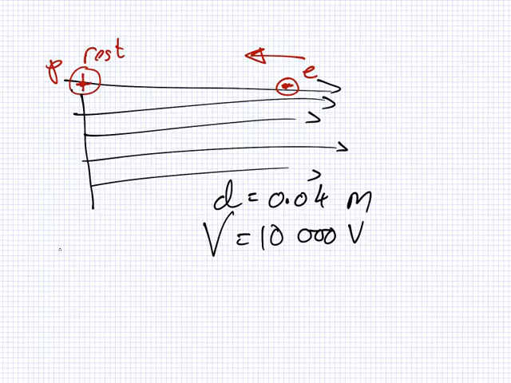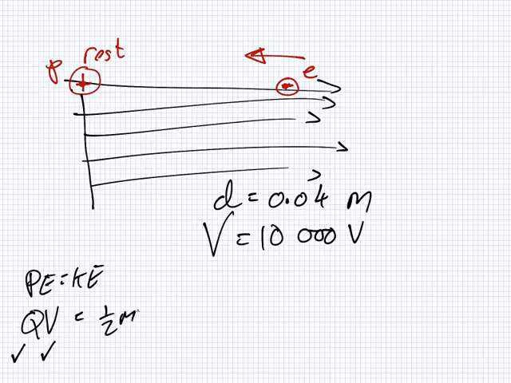So we have the same deal. PE equals KE. QV, do we know Q? Yeah, electron. V, 10,000, equals a half mv squared. You realise this is the same as what I did a moment ago.